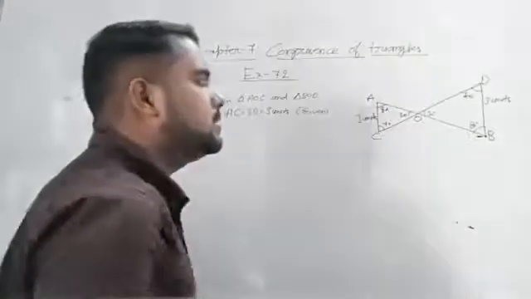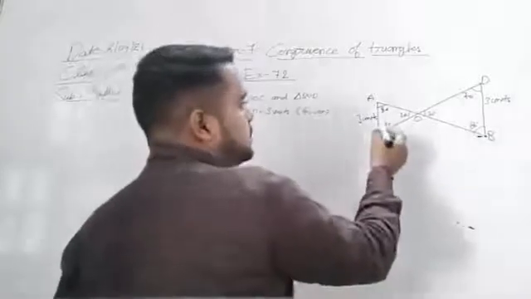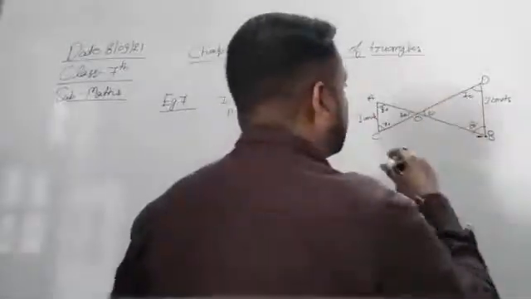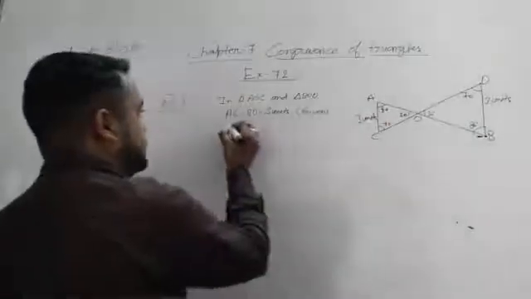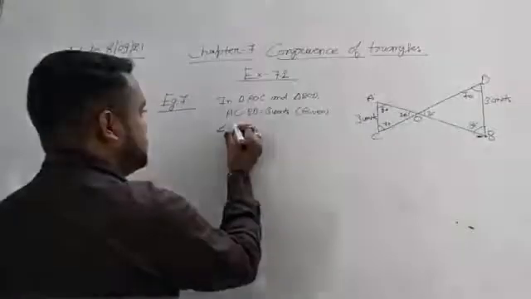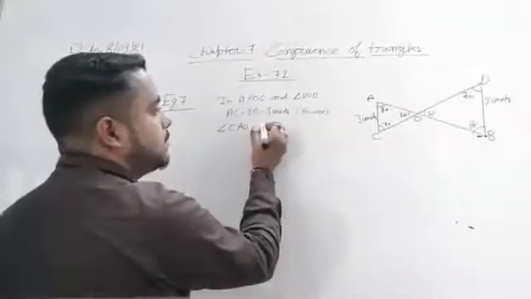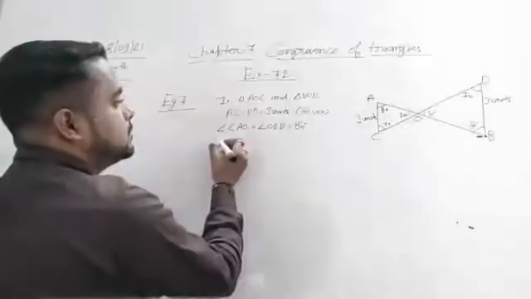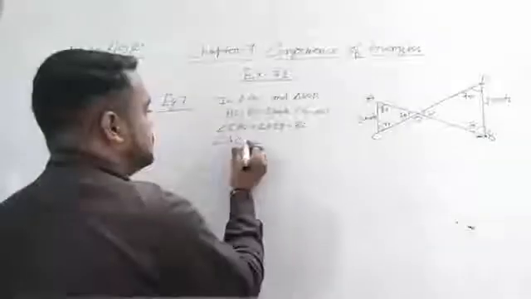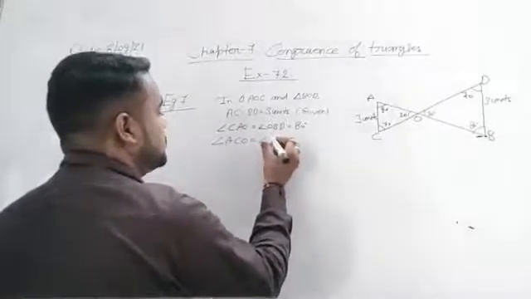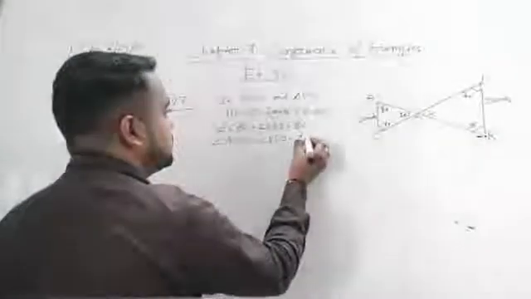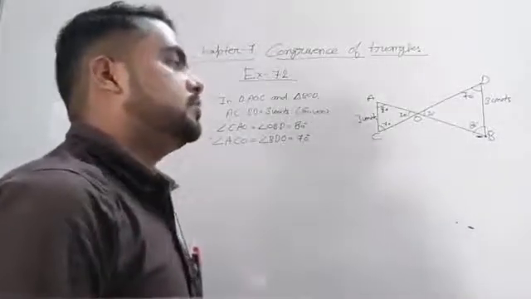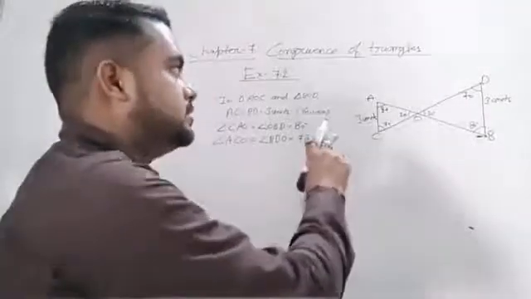And the two angles which we can find on these two sides AC and BD are angle CAO equal to angle OBD, both 80 degrees, and angle ACO equal to angle BDO, which is 70 degrees. So we have two angles and the included side in both triangles equal to each other.